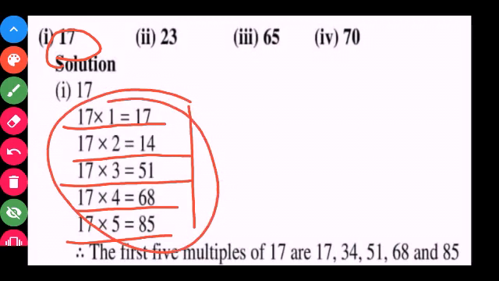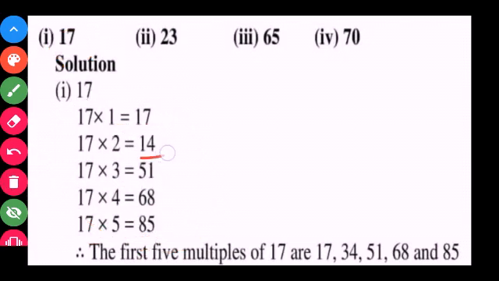Understand? These all are 5 multiples of 17. You know how to find multiples by multiplying natural numbers 1, 2, 3, 4, 5, etc. That means all counting numbers are said to be natural numbers. So to get multiples, you will multiply by counting numbers. So to get multiples of 17, you will multiply 1, 2, 3, 4, 5 with 17.